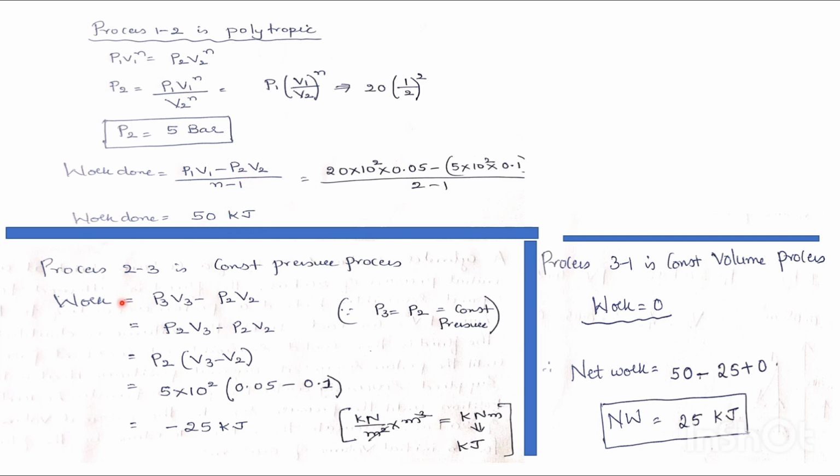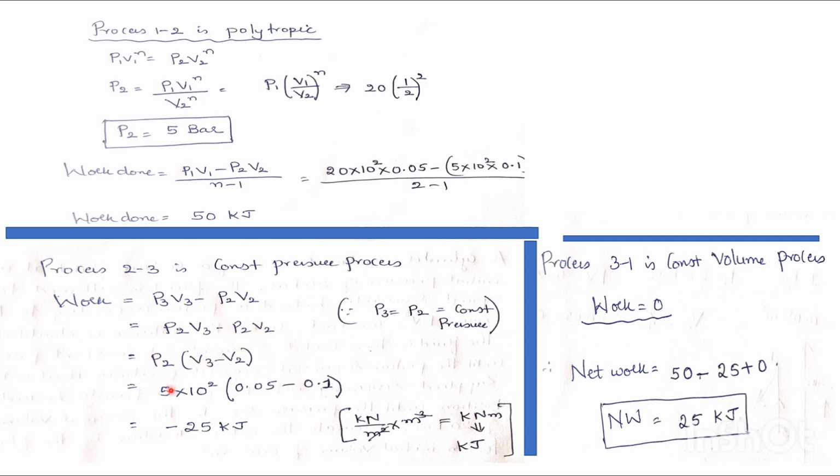Now coming to the next process, process 2 to 3, the constant pressure process. For a constant pressure process, how do we calculate work done? Work done W = P3V3 − P2V2. Since it is a constant pressure process, the pressure at point 3 and point 2 will be the same, P3 = P2. So I replace P3 by P2: P2V3 − P2V2. Taking P2 common, it is P2(V3 − V2).